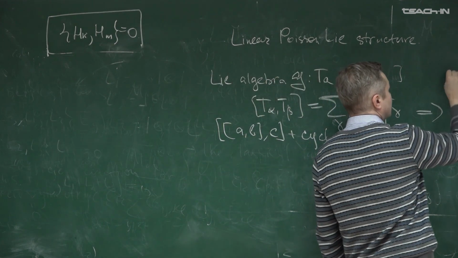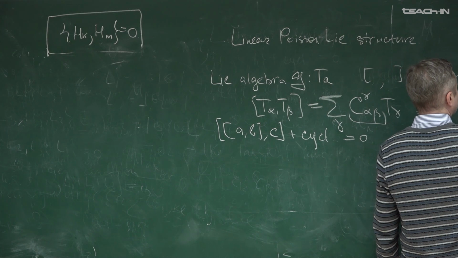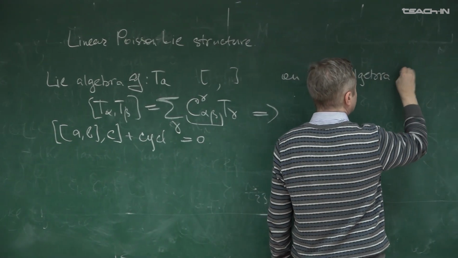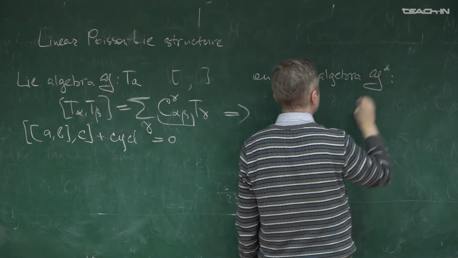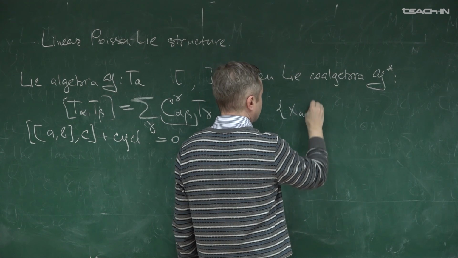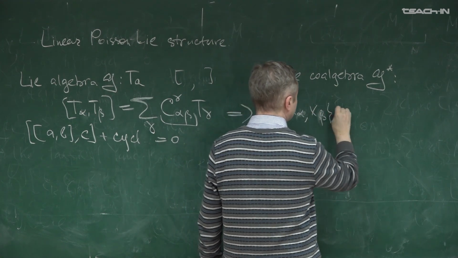Then on the Lie coalgebra, so on the dual space, we have Poisson brackets of the same form.